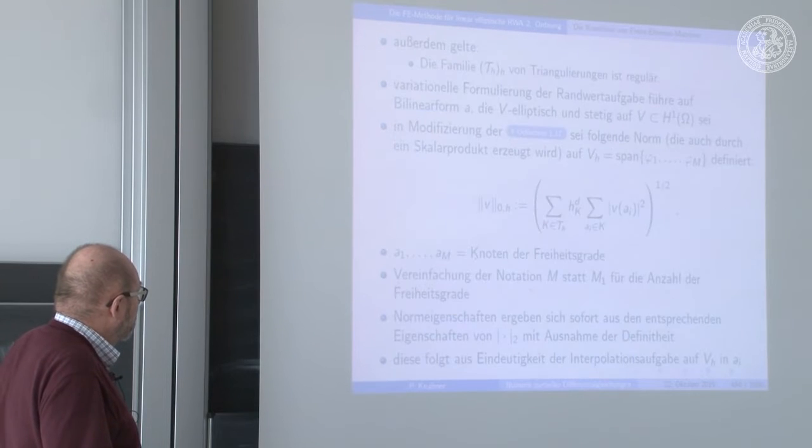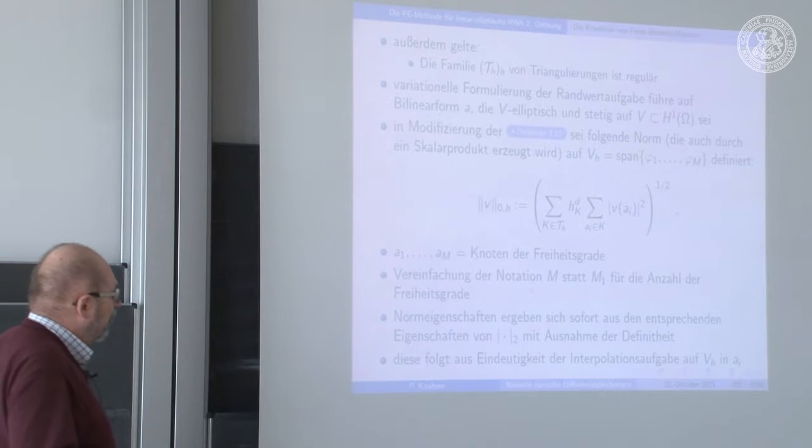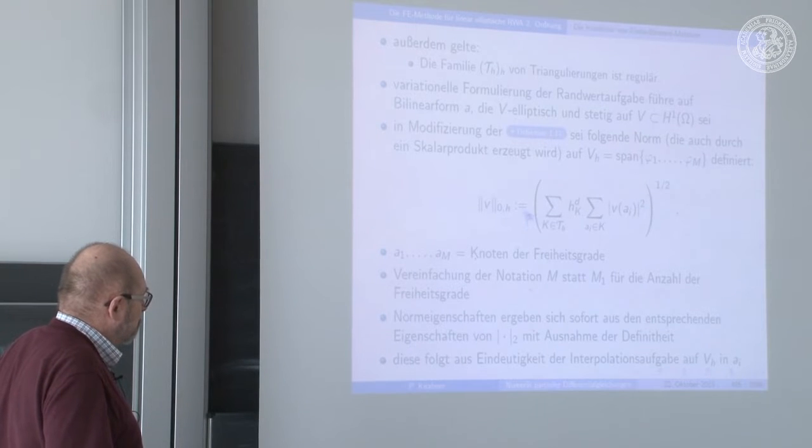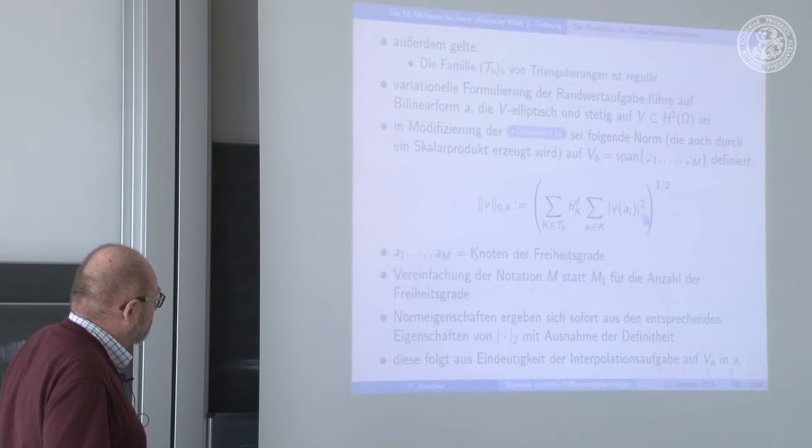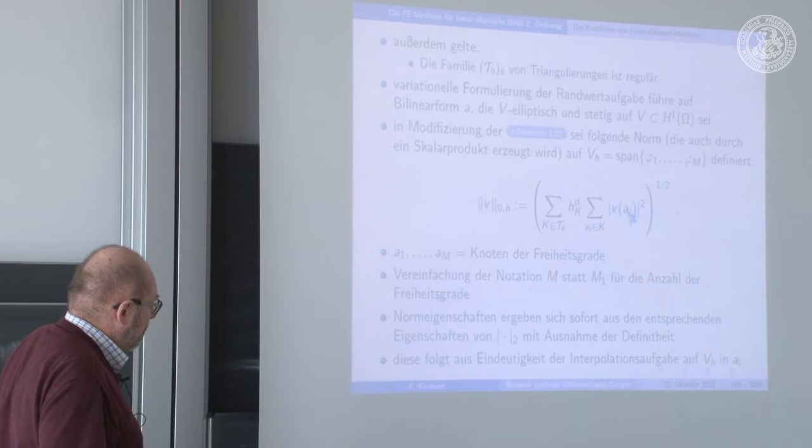So as auxiliary results, we have investigated the following discrete L2 norm, which is composed on our ansatz space by using the corresponding triangulation and the corresponding degrees of freedom situated at the nodes.